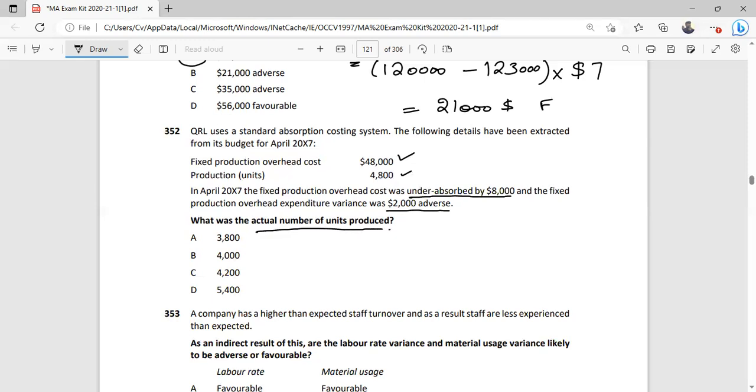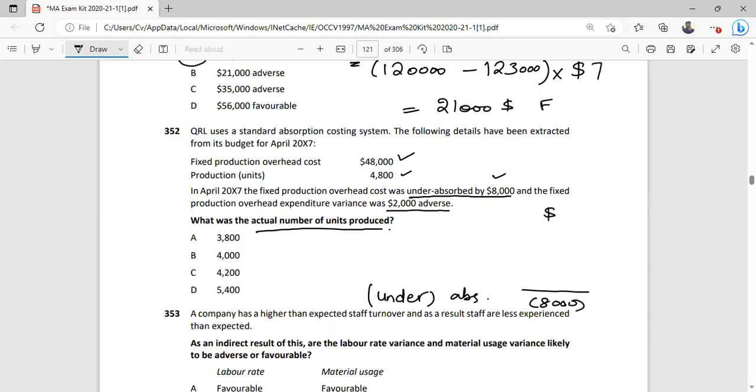Okay. So here he has provided us the data of under or over absorbed, so we will use the formula of under or over absorbed. We are provided with the information of under absorbed. Under absorbed means negative, and we have $8,000 negative.